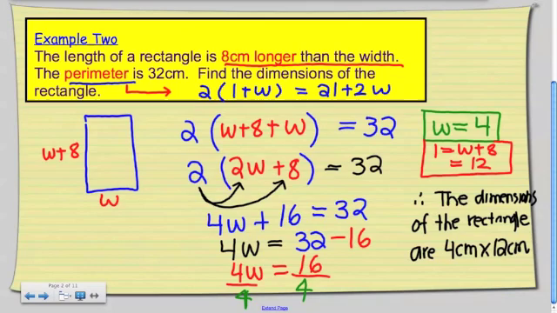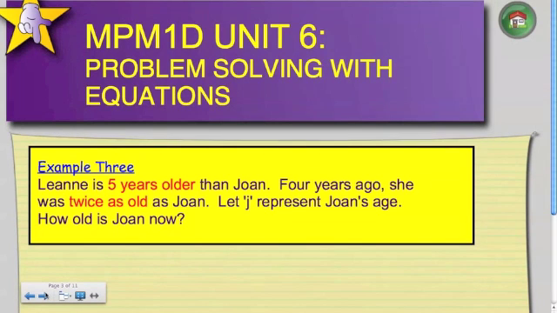And if you add 12 plus 12, which will give you 24, plus another 8, you should get 32, right? So that all makes sense, and our problem is complete. So perimeter problems are very, very common in grade 9, but also in grade 10. So whenever you're dealing with rectangles, remember 2L plus 2W, or 2 times the length plus width, as your perimeter formula.